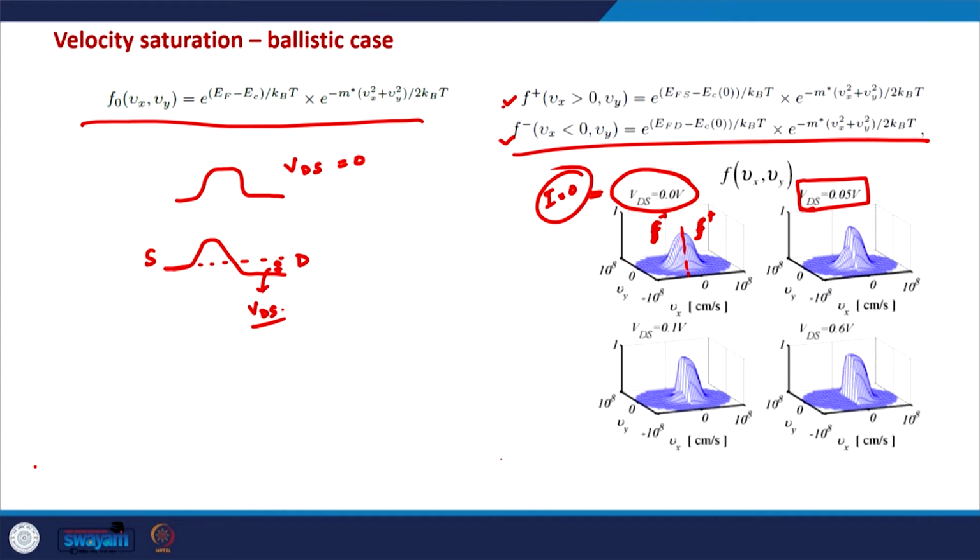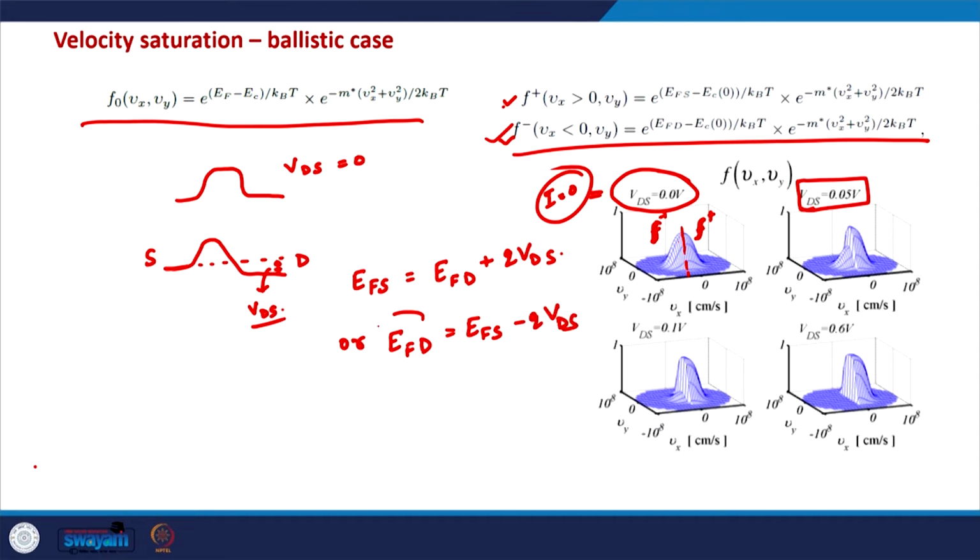Now with VDS, as you can see from this, the difference between EFS and EFD, or EFD is EFS minus Q times VDS.